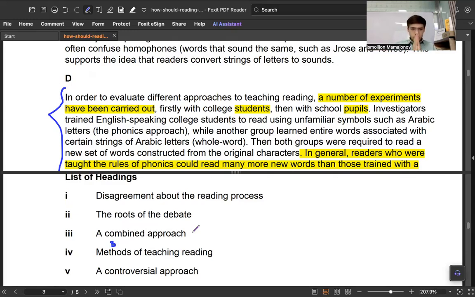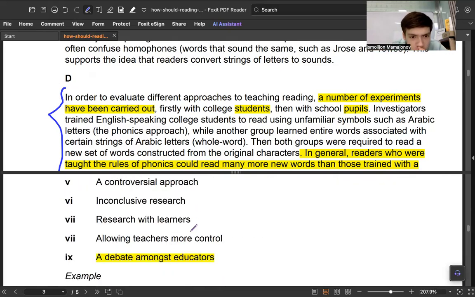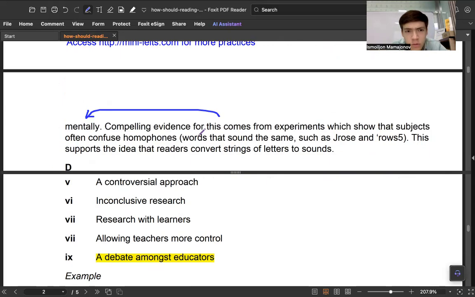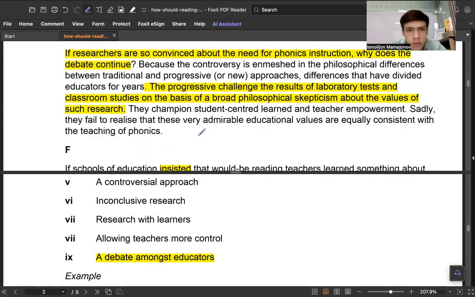It shouldn't be the answer because nobody's combining anything. Controversial approach. Inconclusive research is a good answer here. If research convinced the need for phonics instruction, why does the debate continue? Because there is skepticism.